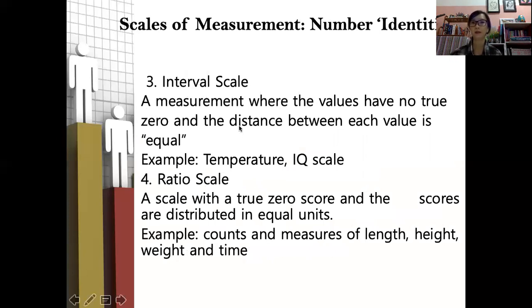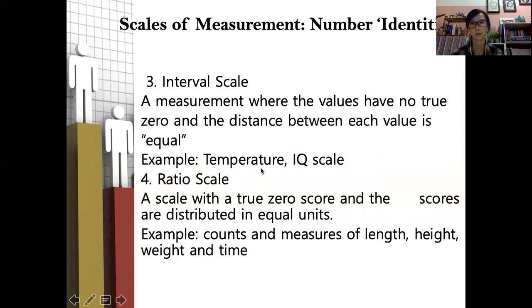And then interval scale. Interval scale is a scale where the values have no true zero and the distance between each value is equal. Interval itu biasa sekian sampai sekian, sekian sampai sekian, right? But they don't have true zero. For example, temperature and IQ scale.